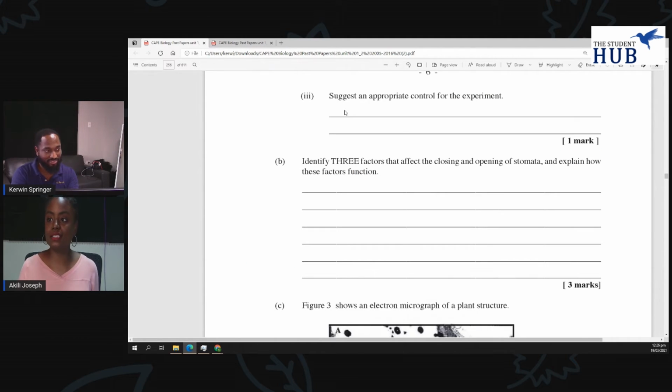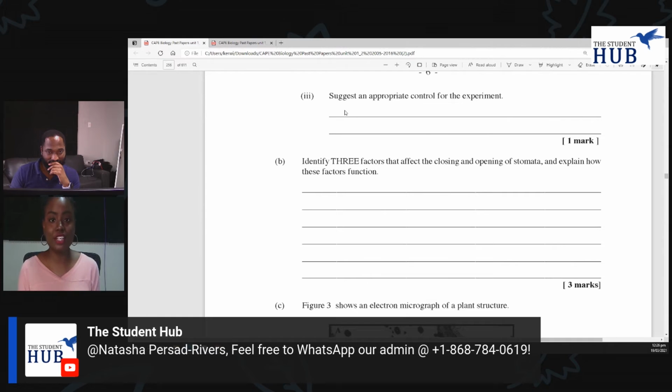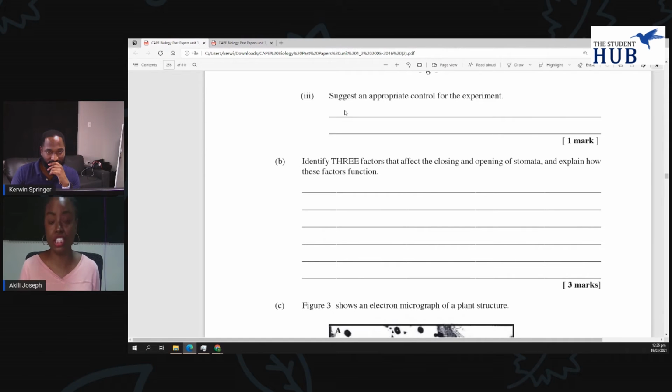Then they ask us for part 3, suggest an appropriate control for the experiment. When you set up a control for the experiment, it's something that you can compare to ensure that the results you observe, or the conclusions you make, are because of the manipulation of the variable that you're changing.